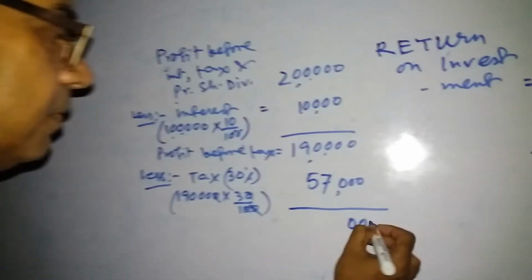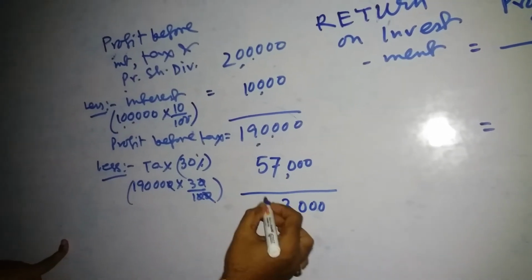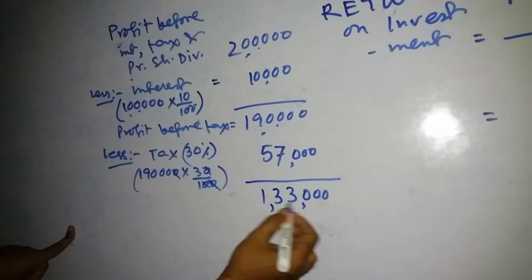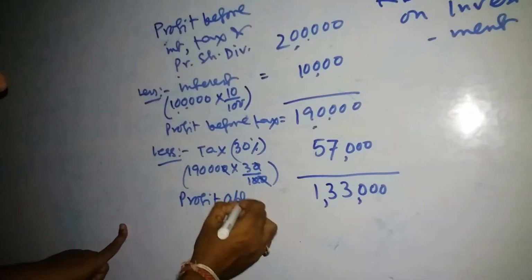So the rest of the profit, 1,33,000, is called profit after tax.